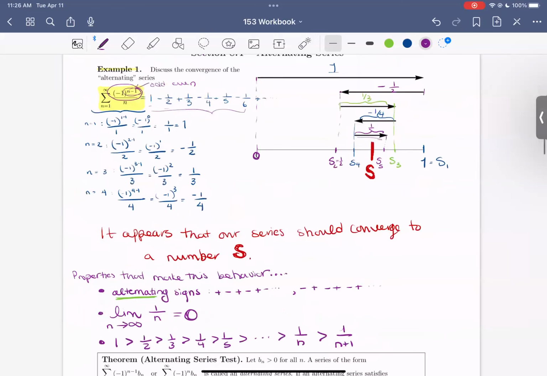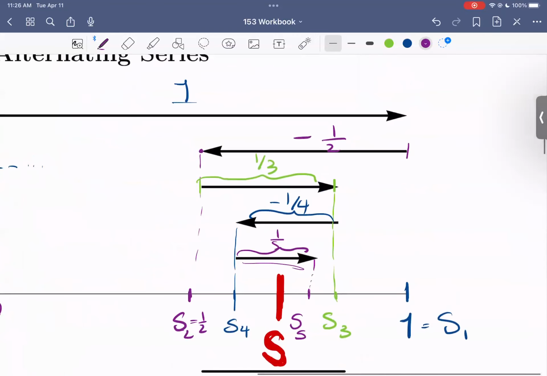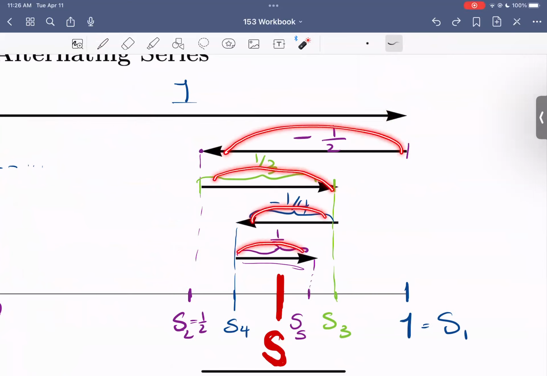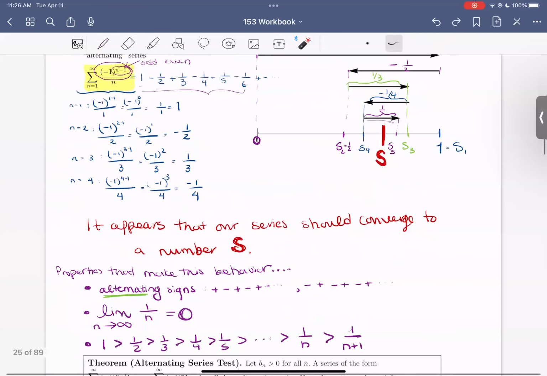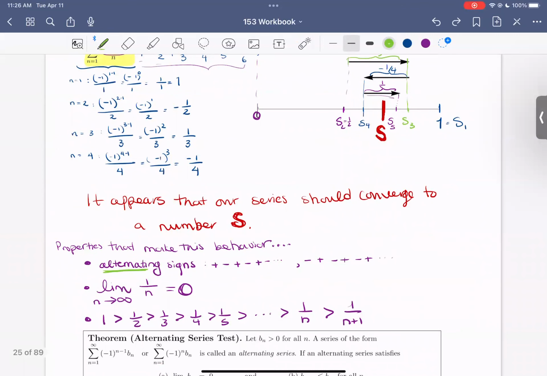And that's what's allowing these arrows to kind of fit in with each other, meaning that the next term we subtract, we're not going to subtract more than that previous term that we added. So each time we're not going to be able to overpass the previous arrow of sorts. Okay. So these are three properties that are going to be important when we are considering an alternating series.